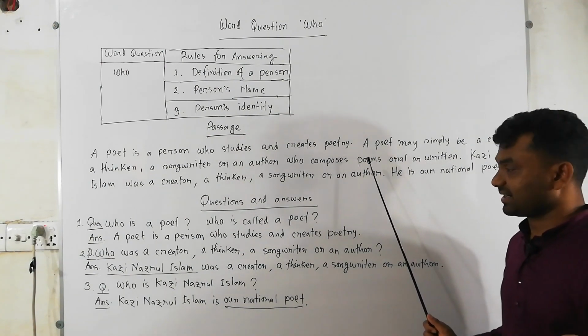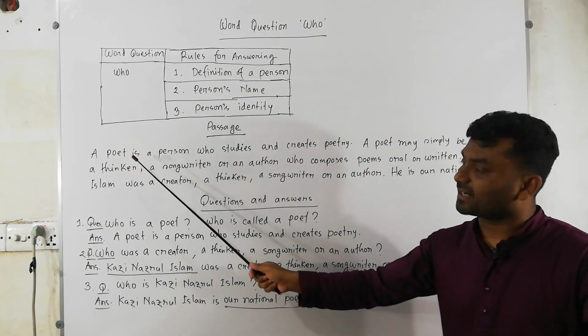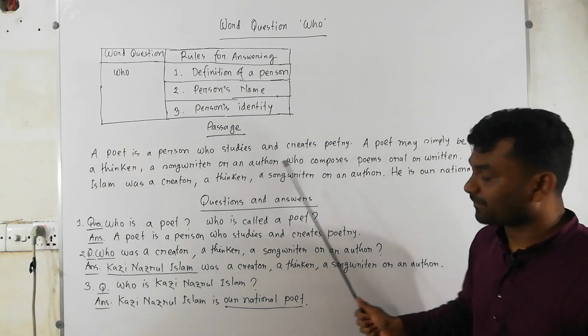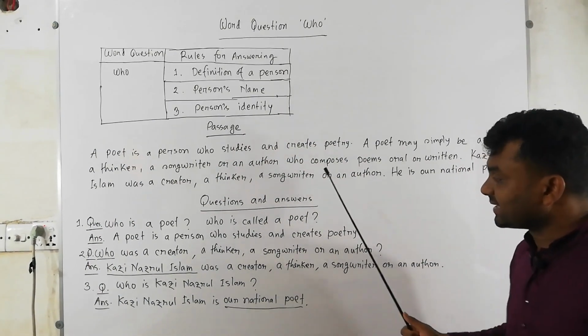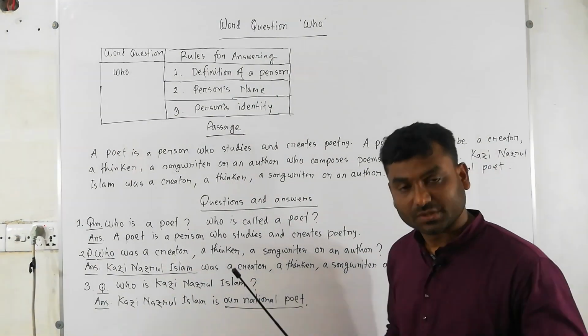This other sentence has been included after the definition of a poet. It is also another definition of a poet, so we can take 2 sentences together as a definition of a poet.